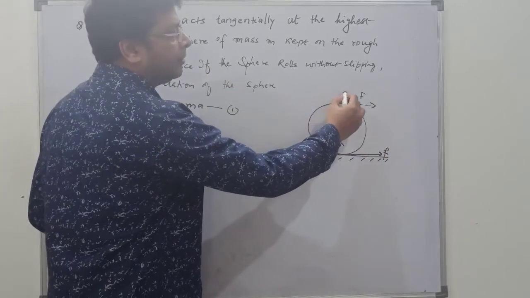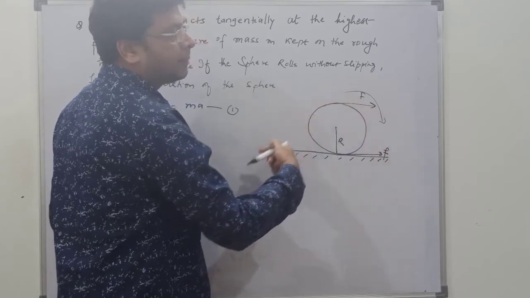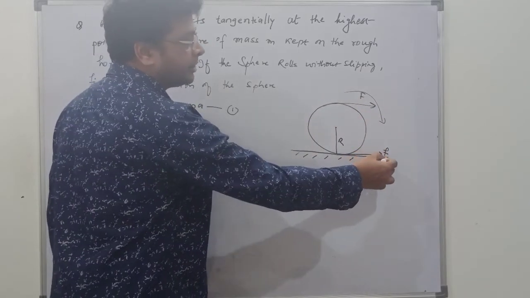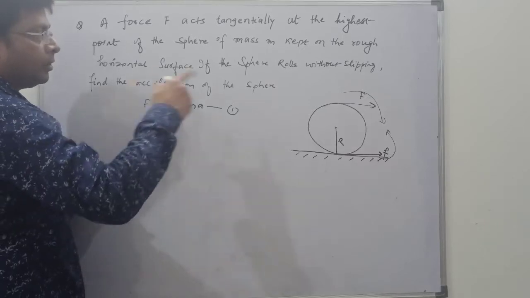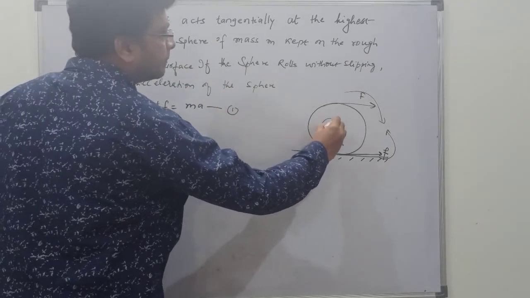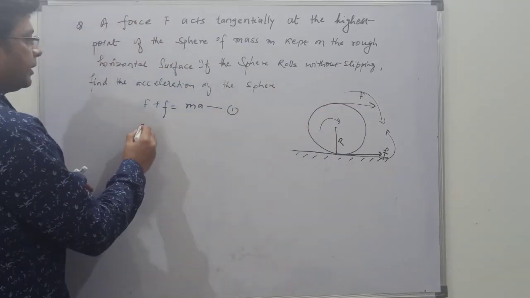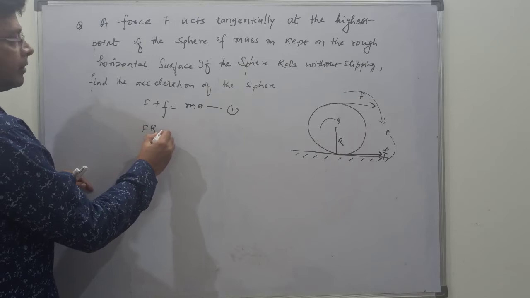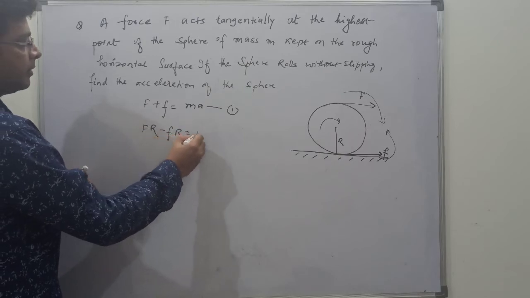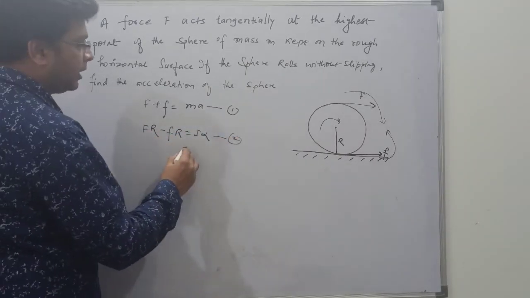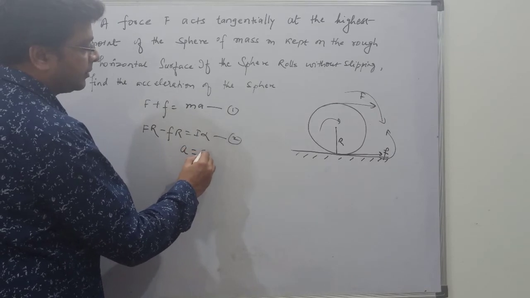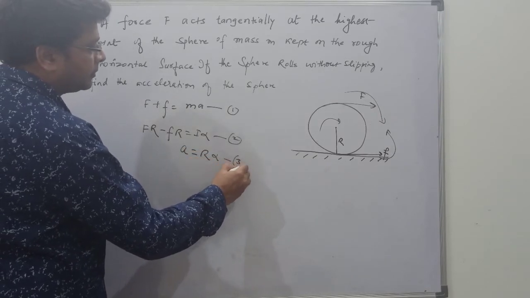So torque will be like this one due to capital F, and due to friction it will be like this, right? So it is rolling this way. So we can write FR minus fr is equal to I alpha, equation 2. And in case of rolling, we can apply acceleration is equal to R alpha, equation 3.